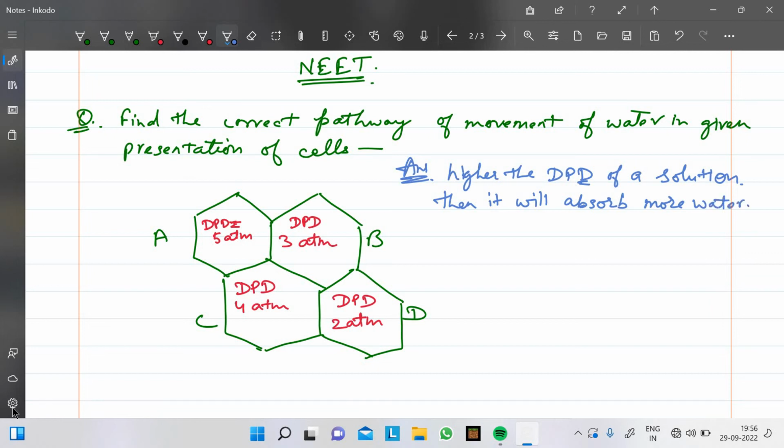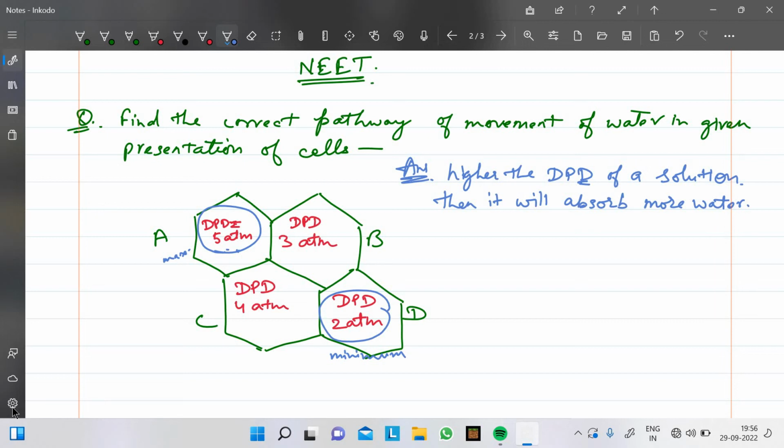So in this case DPD किसका maximum है, cell A का, it is maximum. It will drag the water from all the cells. और minimum किसका है, इस cell का. So what is the direction of flow of water?